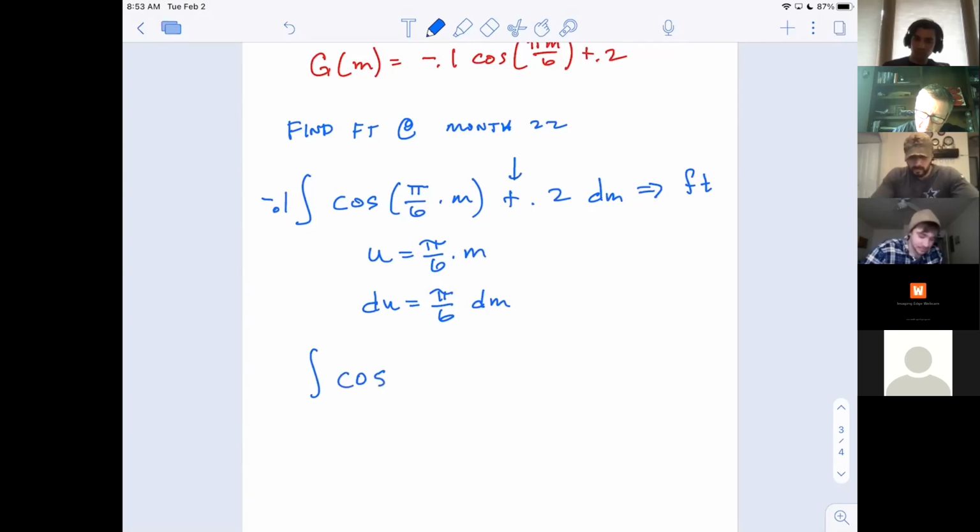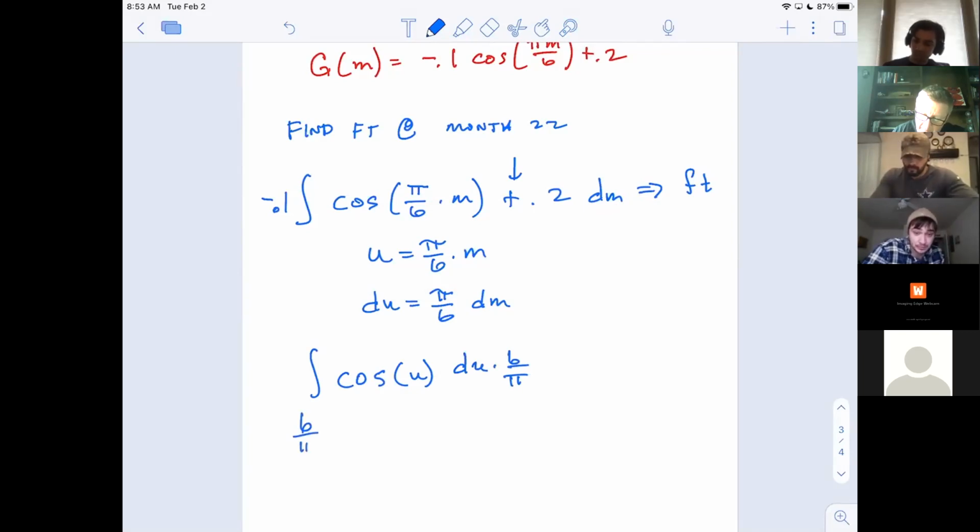And this screwed some of you up on the test. So now this is cosine of u. And then I also have to replace the dm with du divided by pi over 6, or du times 6 over pi.